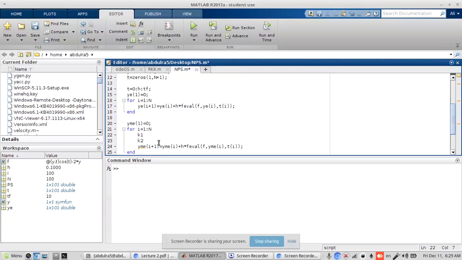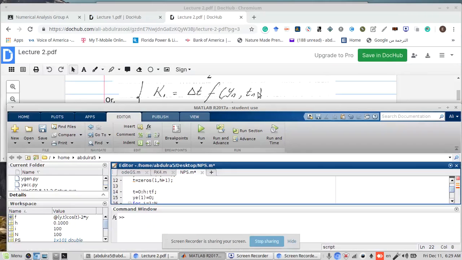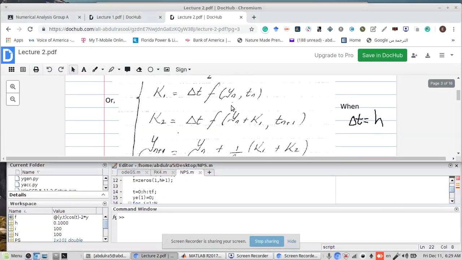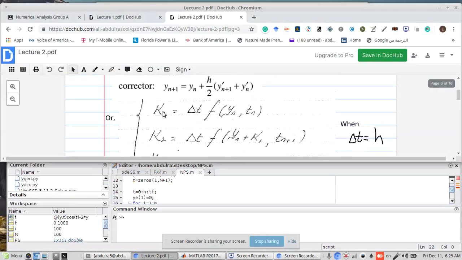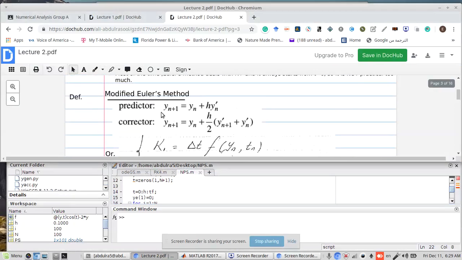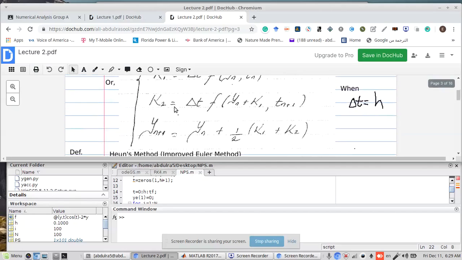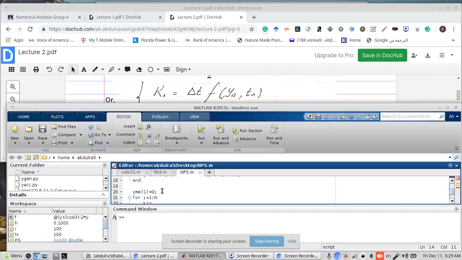So here these are the three statements for the modified Euler method. K1 is H or delta T times F, so I'm going to cut this one and put it here.